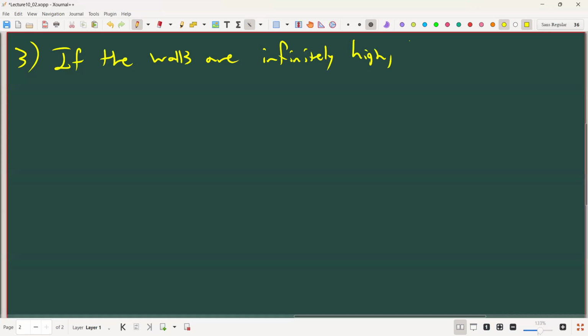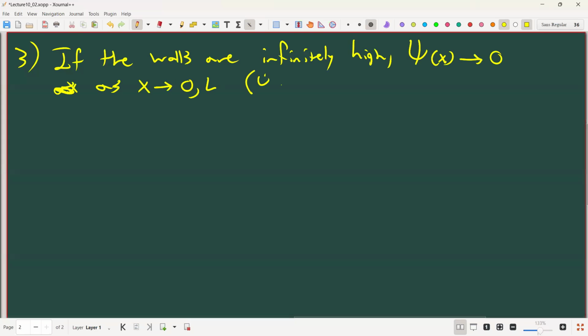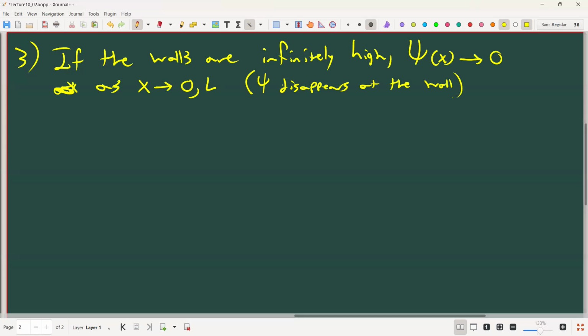This is how we derived those wave functions: psi of x goes to 0 as x goes to either 0 or L. So psi disappears at the wall, which means, of course, that there's no probability that the particle is embedded inside the wall or outside the wall. Okay, but what happened when we drop the walls to a finite energy?